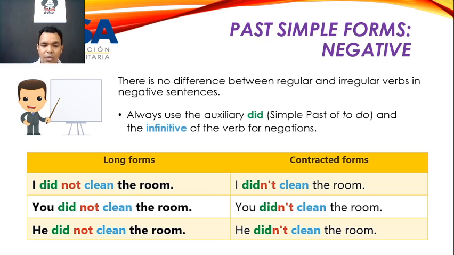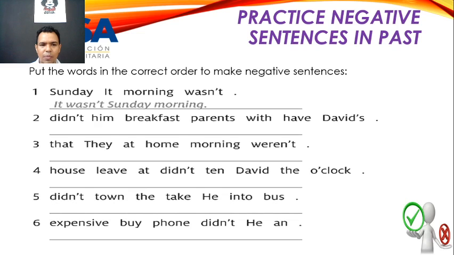It could be a pronoun, a name, or a noun of anything. Then the auxiliary did, negative not, and then the verb without change. No ed, no past form of the irregular, just the verb. And after that, the complement. So, organize the sentences and we'll see later.